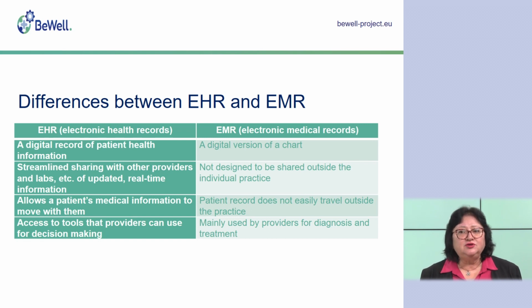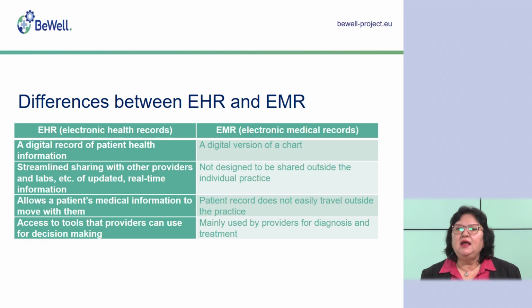The electronic health records are streamlined, sharing with other providers and labs, so we can achieve an updated real-time information. On the other hand, the electronic medical records are not designed to be shared outside the individual practice.